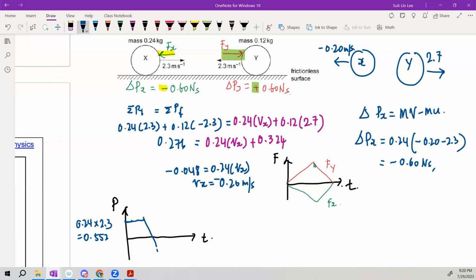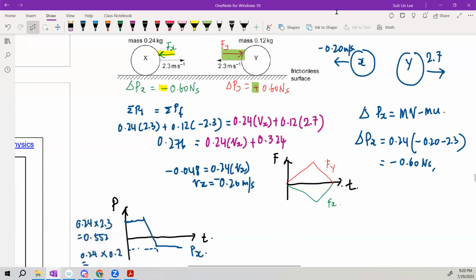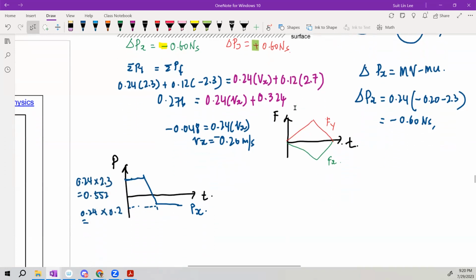I'm just going to draw a straight line. Then it goes into the negative region. So this is the momentum of x. This would be 0.24 times negative 0.2, so this is negative 0.048. So the change in momentum of x, from here to here, is negative 0.60 Newton second.